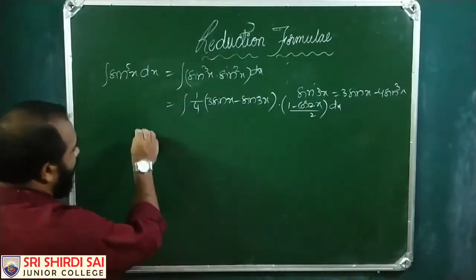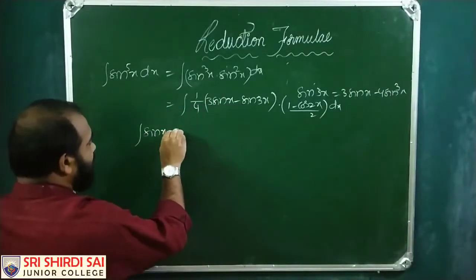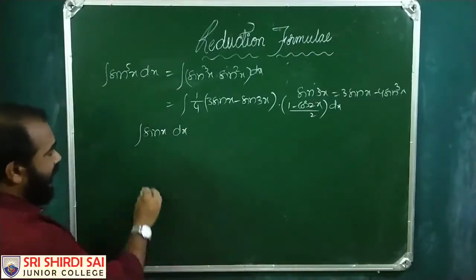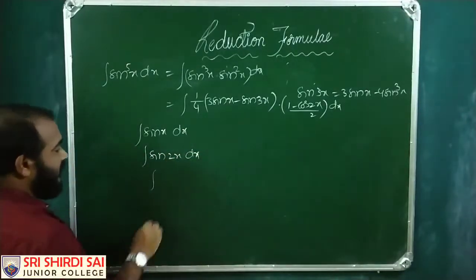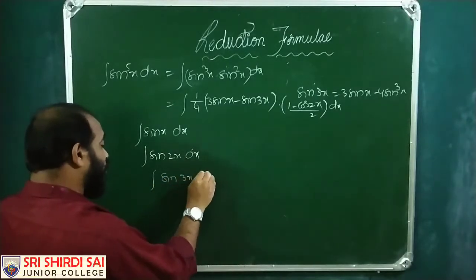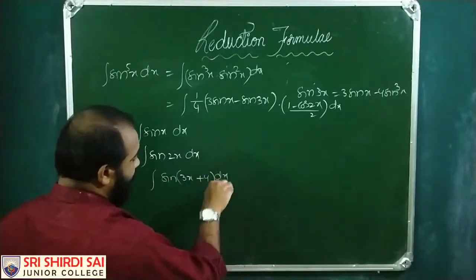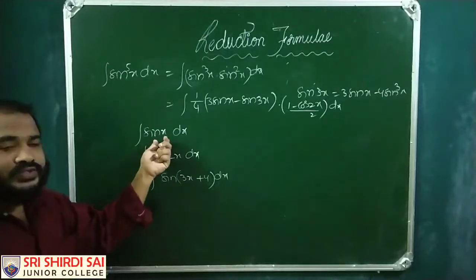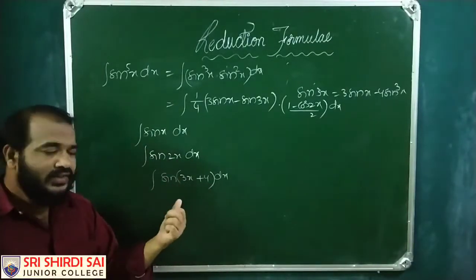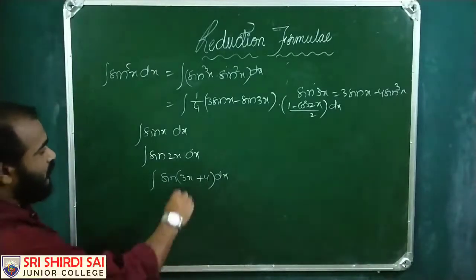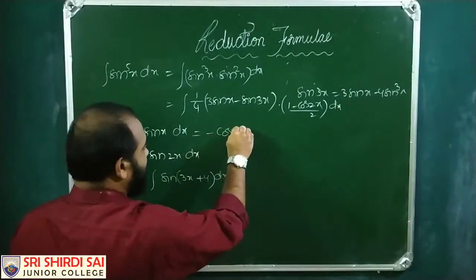If integral sine x dx is given, we can find integral sine 2x dx, and also integral sine of (3x plus 4) dx. So with sine associated with any linear expression, we can evaluate it easily. Integral sine x dx is minus cos x plus c.